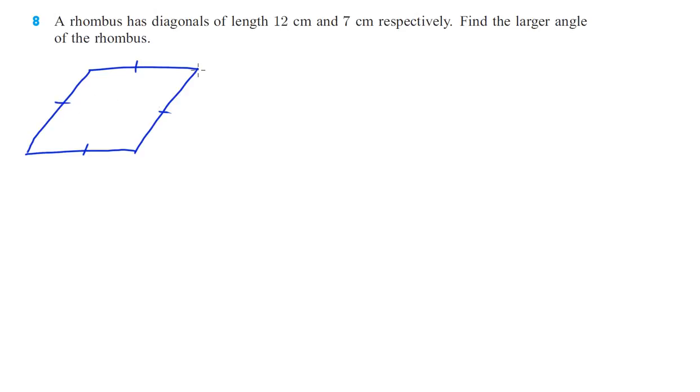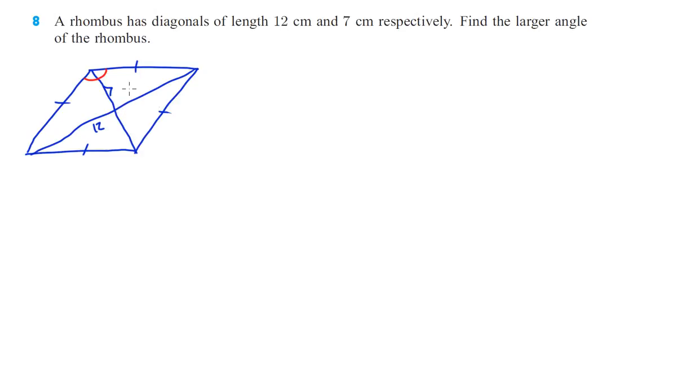And it says one diagonal has length, I'll pretend that's a diagonal, 12. And then this one, the shorter one, is going to have a length of, say, 7. Okay? Find the larger angle of the rhombus. So we're trying to figure out what that angle there is, or this one. They're both the same idea.